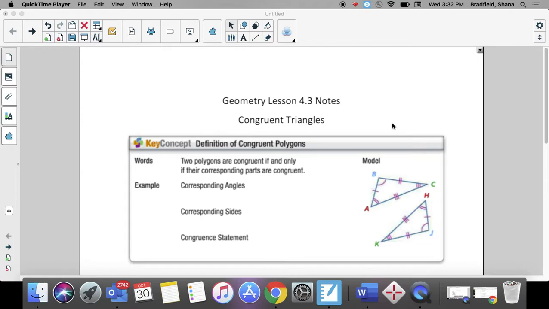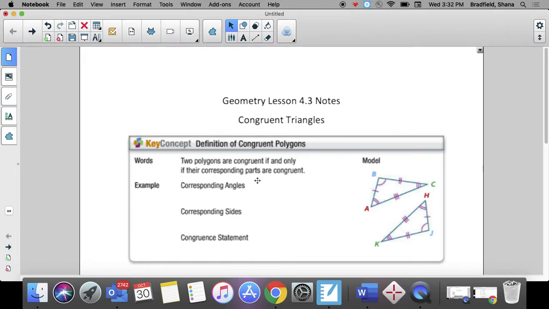So corresponding means they're matching parts. And so we've got corresponding angles, angles that match up. In our picture on the right, we're just looking for congruence markers. So the angles that are congruent would be B and J because they have one angle marker.